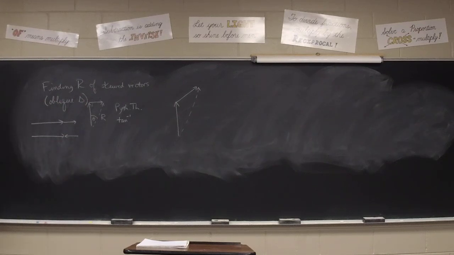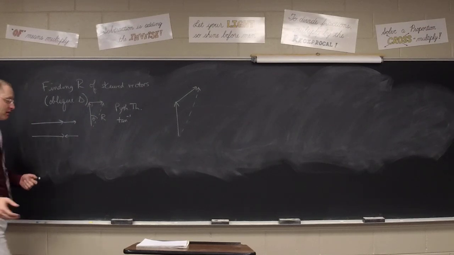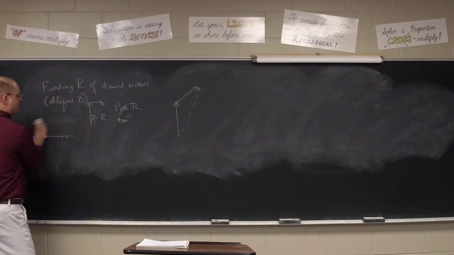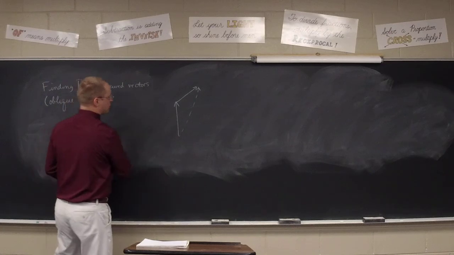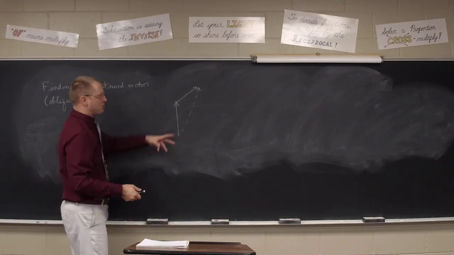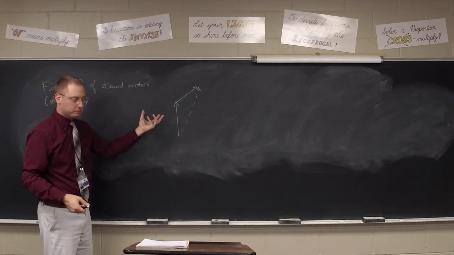So in your notes, make a note that skewed vectors, when you draw them, will end up forming an oblique triangle. You'll start with the primary vector, you'll draw the secondary vector, but it won't be at a right angle. So when you draw the resultant from start to finish, you end up with this weird oblique triangle.